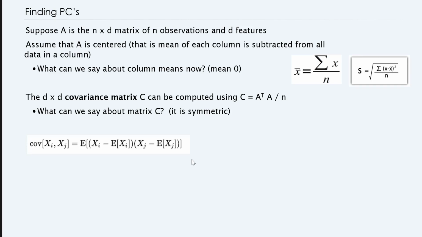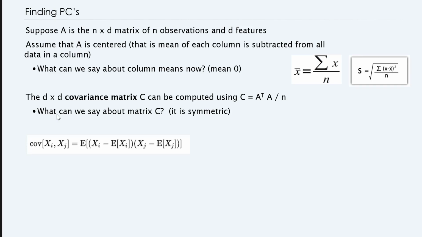So to find PCs, we could go through this process. Suppose A is an n by d matrix with n observations and d features. Assume that A is centered, that is, the mean of each column is subtracted from all the data in the column. So that means each column mean is 0. Now we construct a covariance matrix C by using A transpose A divided by n.